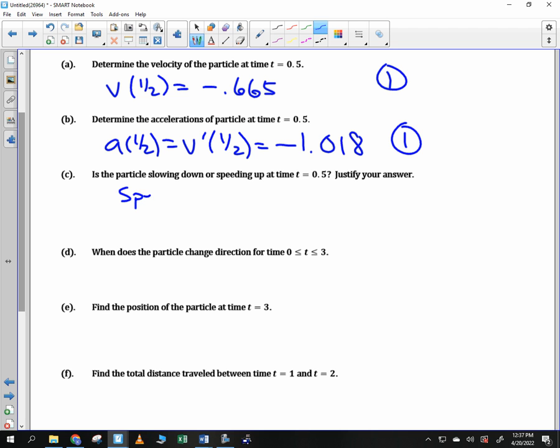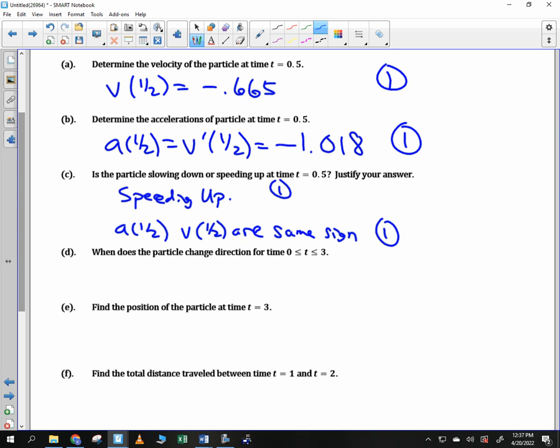Speeding up. And why? Because a of 1/2 and v of 1/2 are the same sign. So we're going to give you 1 point for knowing it's speeding up and 1 point for the justification. Any questions so far?